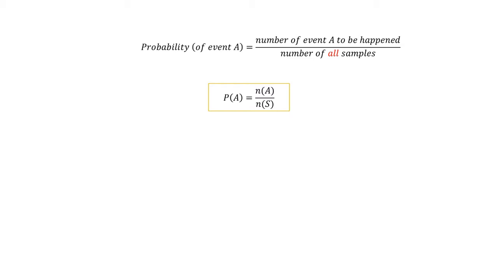So this is the formula of probability that we learned before this, which is P(A), the probability of getting A, is equal to the number of A divided by the number of all samples.